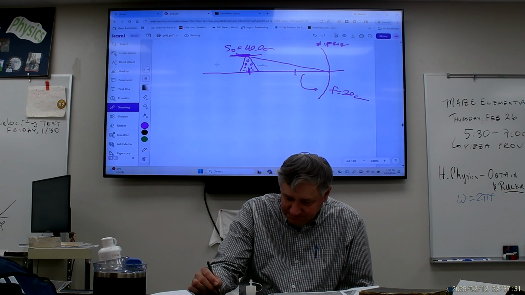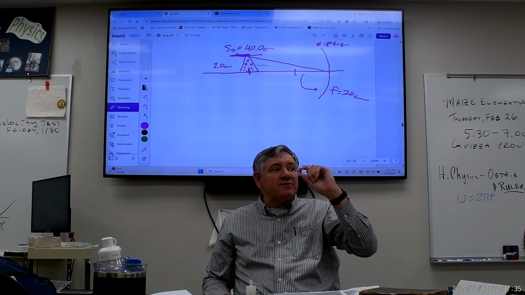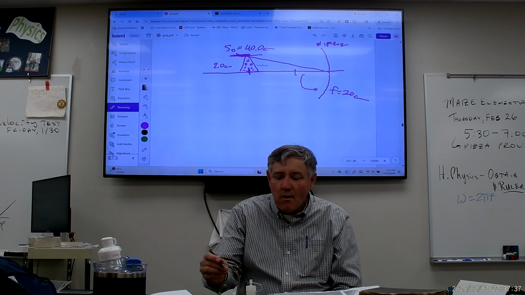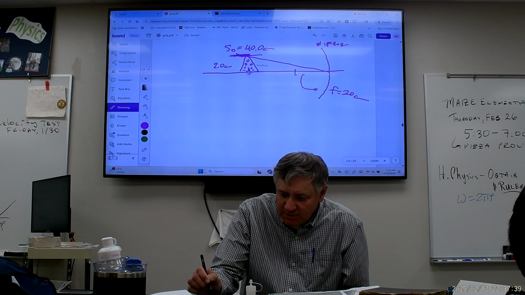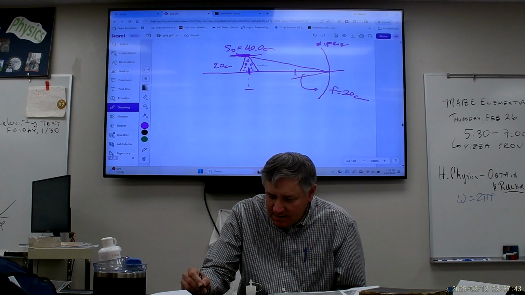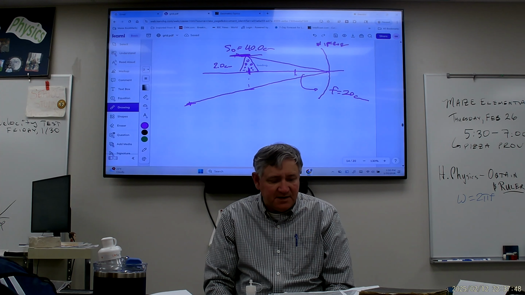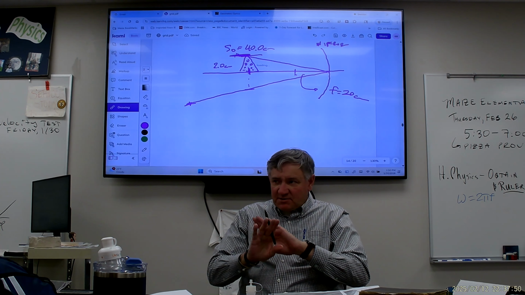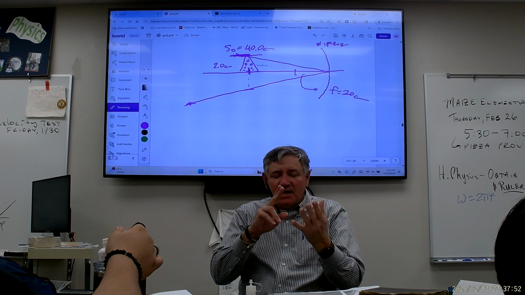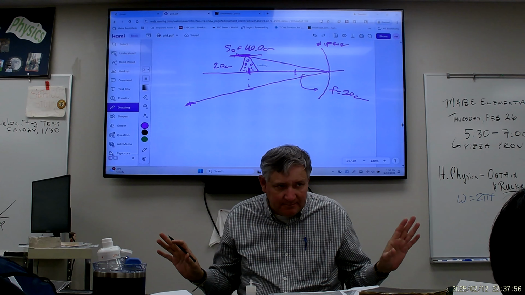Maybe this is 2 centimeters above when you're drawing it. Same on the other. If that's 2 centimeters, you measure down 2 centimeters and you take that line and you bring it back out like this. Okay? So that's the first thing that you do, whether it's concave, convex, inside the focal length, outside the focal length, does not matter.